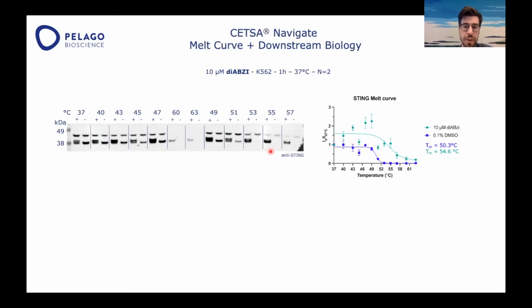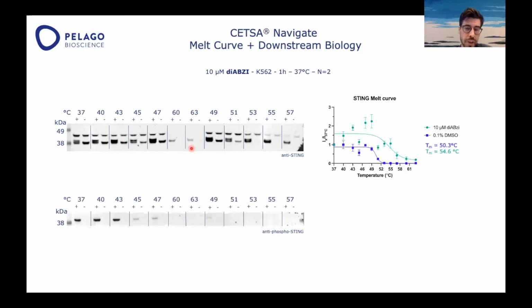But if we look again, starting at 53 degrees, in the control sample, STING is not detectable anymore. But if we compare to the compound incubated sample, we see that a massive thermal stabilization has been induced and we can detect STING even up to 63 degrees. If we now jump directly to phospho-STING, we see exactly what we expect.